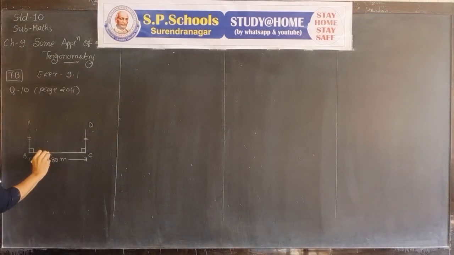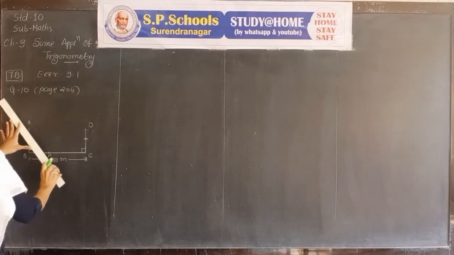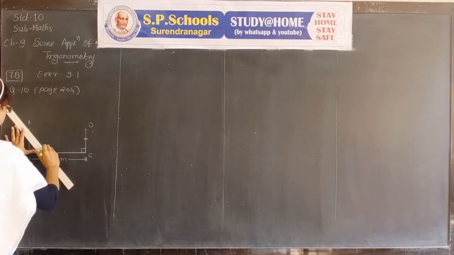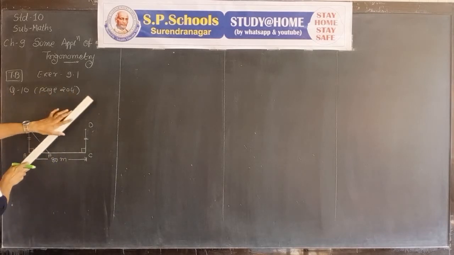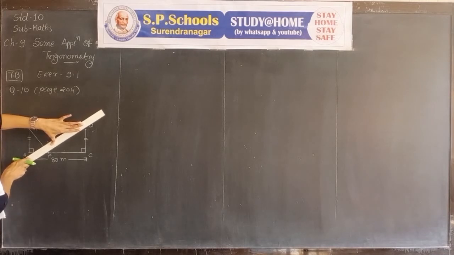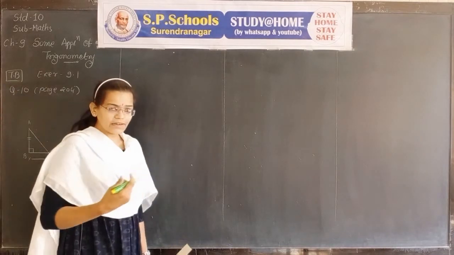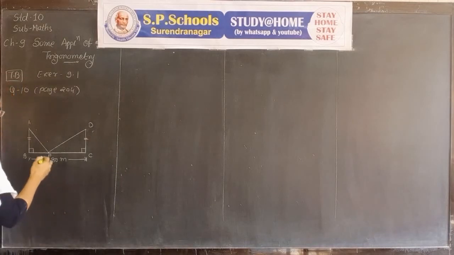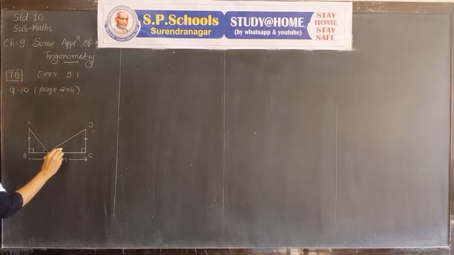From point P, the angle of elevation of top A and top D, one is 30 and one is 60. B to A, P to A is the line of sight, PB is horizontal. P to D is the line of sight and PC is horizontal. Whenever you go far from the angle of 90 degree, the angle decreases, and as you come to the 90 degree, the angle increases, so DPC is 30 degree and APB is 60 degree.